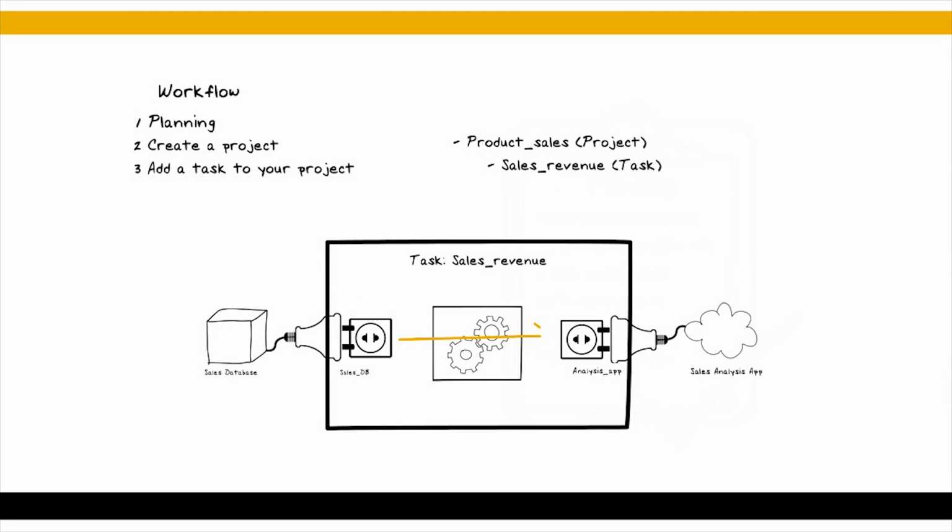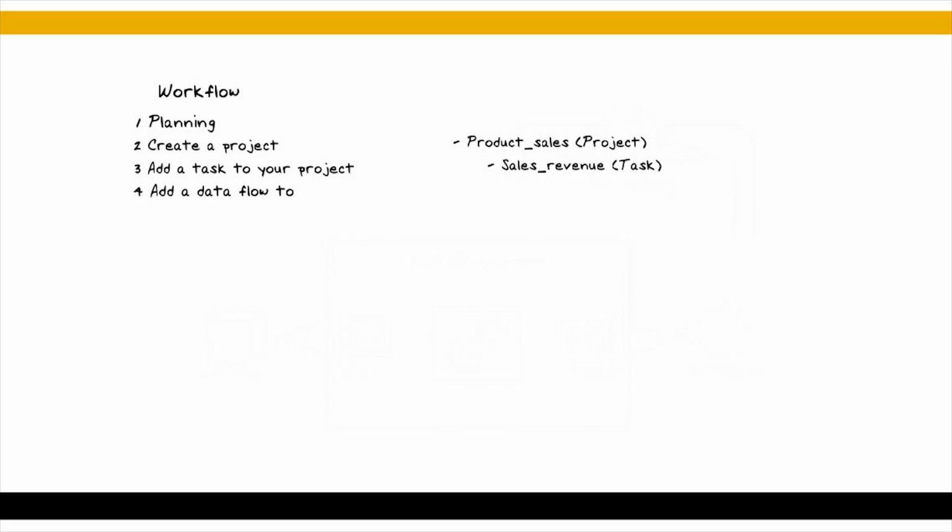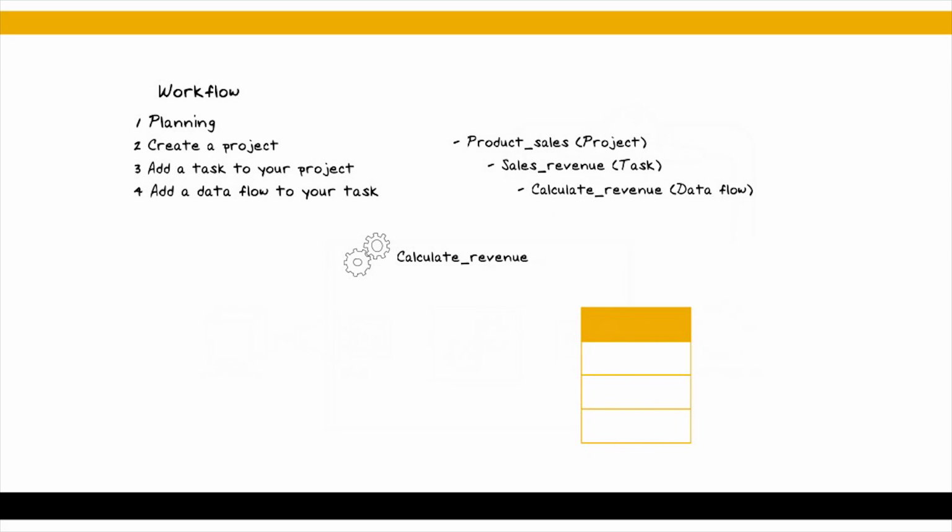Finally, in the data flow, you define how the data is moved from source to target and any transformations that must occur. You always start to define a data flow by identifying its target object. In our example, we're moving the data to the revenue table, so that would be the target. Our target table requires the product name and total revenue columns.